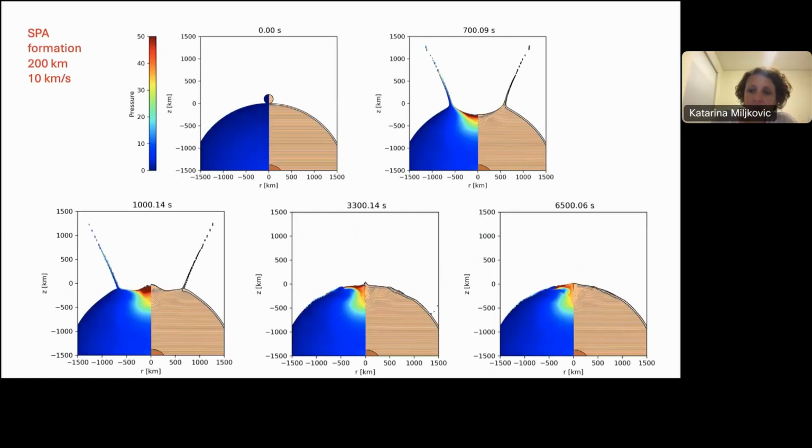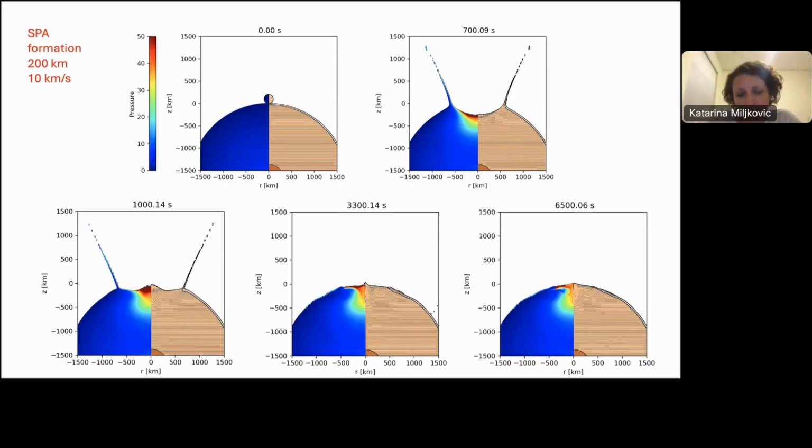And so that's how we ended up with the SPA, and this is a simulation of one of many simulations of possible SPA solutions of a 200 kilometer projectile. So now we're going up in size in projectiles. Impact speed here is 10 kilometers per second. We've also done it for faster impactors, but there are also arguments, at the time when we were writing this paper, that the very early collisions on the Moon might have happened at lower speeds than what we see today, and so forth.